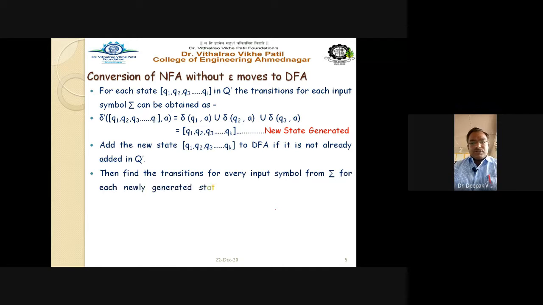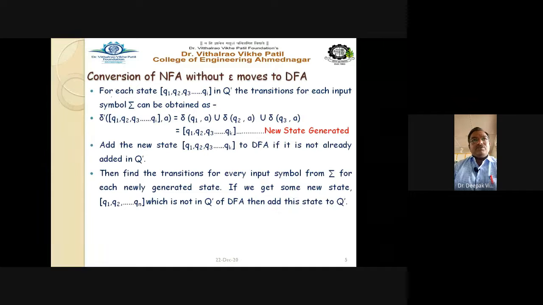So how to find out the transitions for DFA? For DFA, transitions can be found with the help of this delta dash. So delta dash of (Q1, Q2, Q3, up to Qi) comma A, where A is your input symbol, is delta of Q1 A, and you split it with the help of the union symbol: delta of Q1 A union delta of Q2 A union delta of Q3 A, whatever it may be.